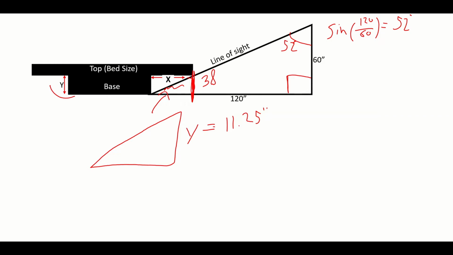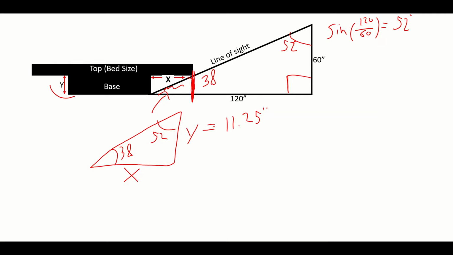So now we know what our height, or our Y, is. Now we have to calculate X over here, which is our overhang. The angles we calculated above, the 38 and 52, still carry over, because those have to fit in there to match up our line of sight.